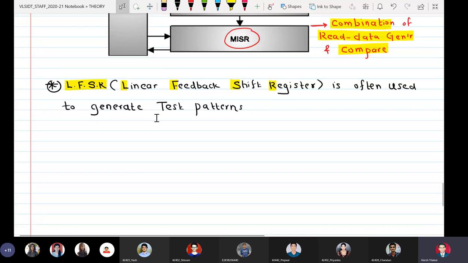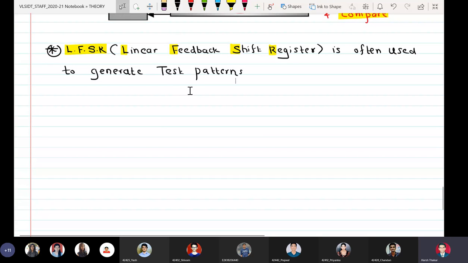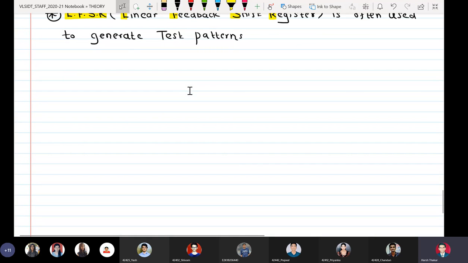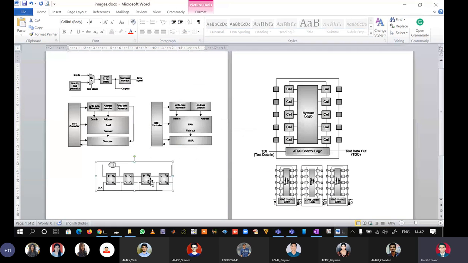So we will paste one more figure, which is an example of an LFSR. When you see that, you will come to know that you have seen this circuit before. Okay. So it is this.